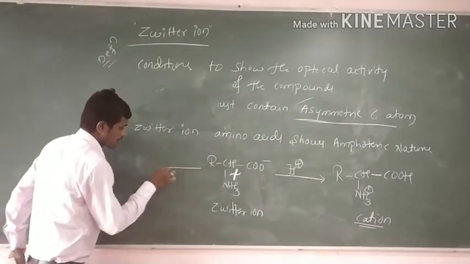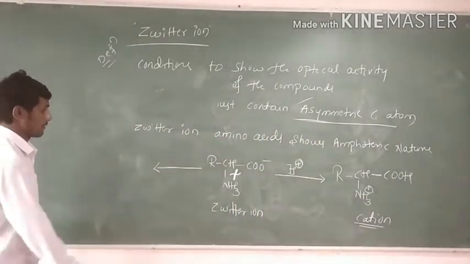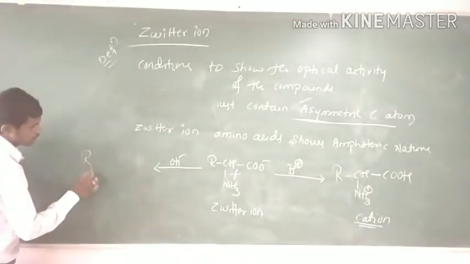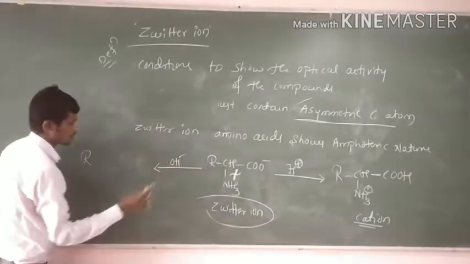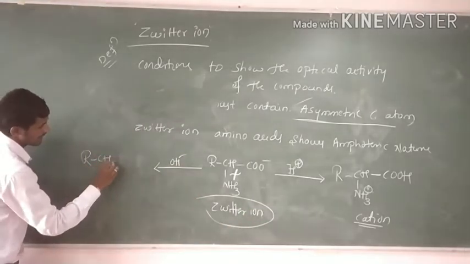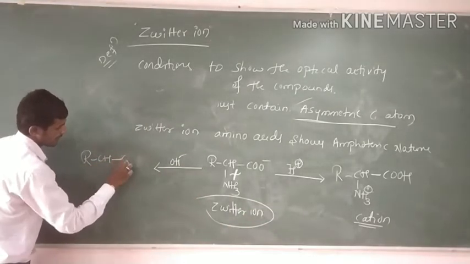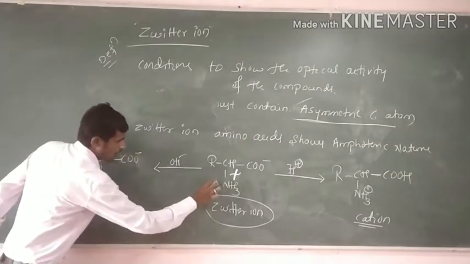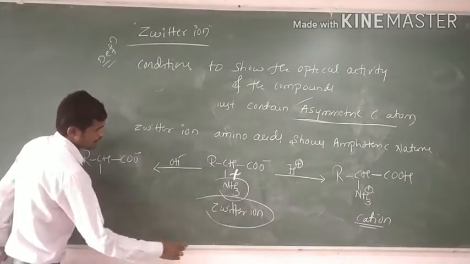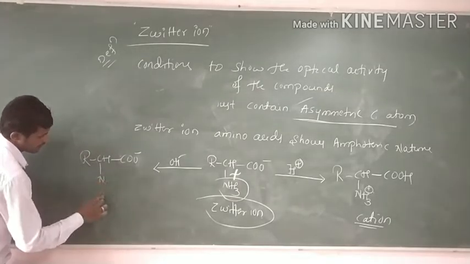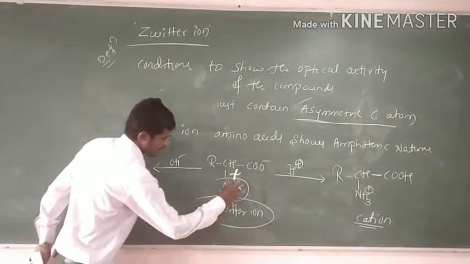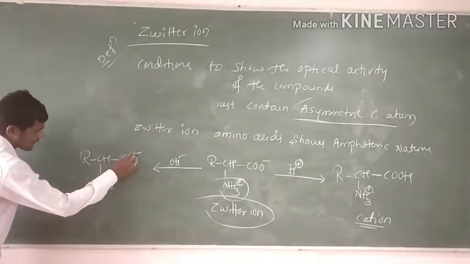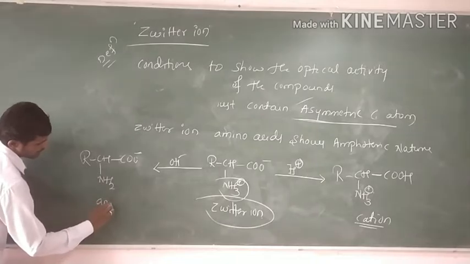If you increase the basic concentration, means add OH minus here, at that time our Zwitter ion changes to RCH, here I write only COO minus, but instead of NH3 plus I write NH2. Here NH3 plus, here NH2. Okay, it contains a negative charge, therefore it is referred to as an anion.